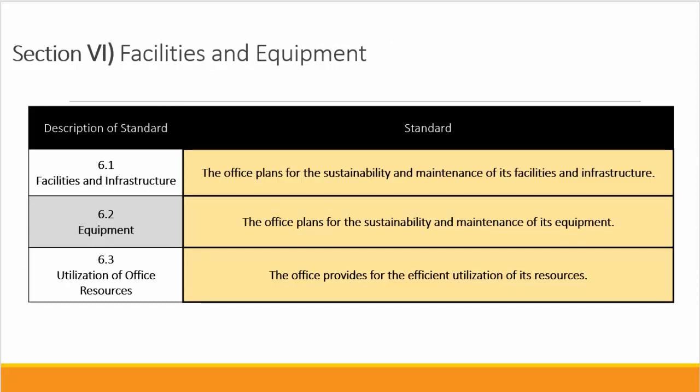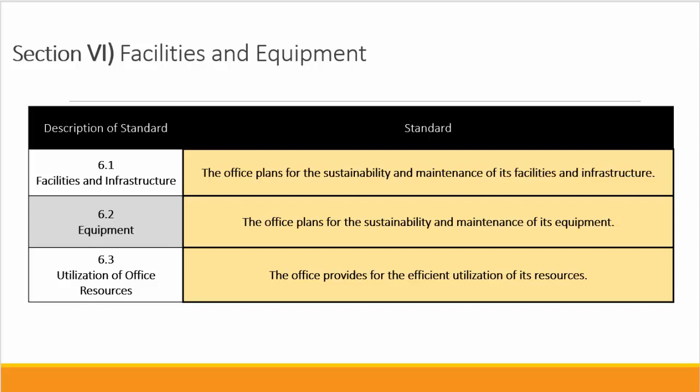Section 6 goes to facilities and equipment that are utilized by the office. So here what you want to be looking at is the footprint, office space, the kinds of infrastructure needs that the office has, and then equipment.